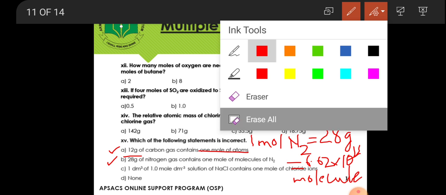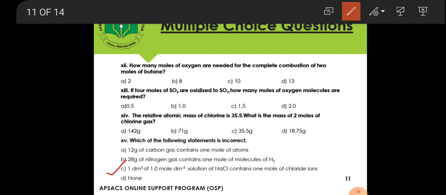Then C part, 1 decimeter cube of 1 mole per decimeter cube solution of NaCl contains 1 mole of chloride ions. NaCl ionizes to produce sodium ion and chloride ion. 1 mole of NaCl is present in 1 decimeter cube solution of NaCl.